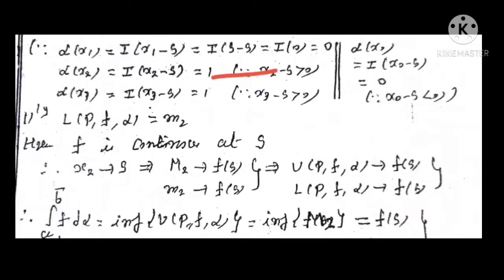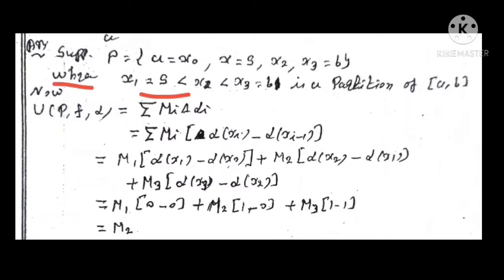Now alpha x2 is equal to I(x2 minus s) and x1 is equal to s less than x2. Therefore, x2 greater than s. Therefore, x2 minus s greater than 0. So its value will be 1.